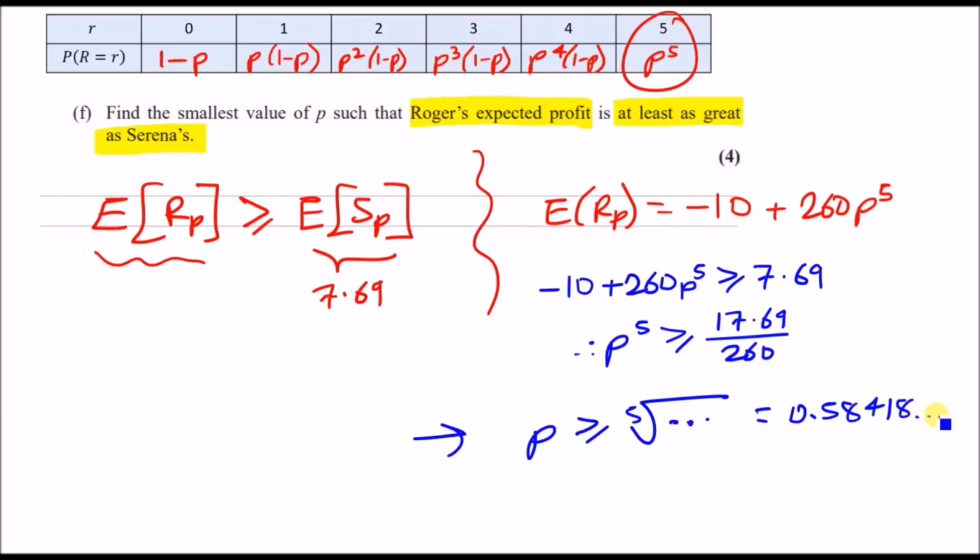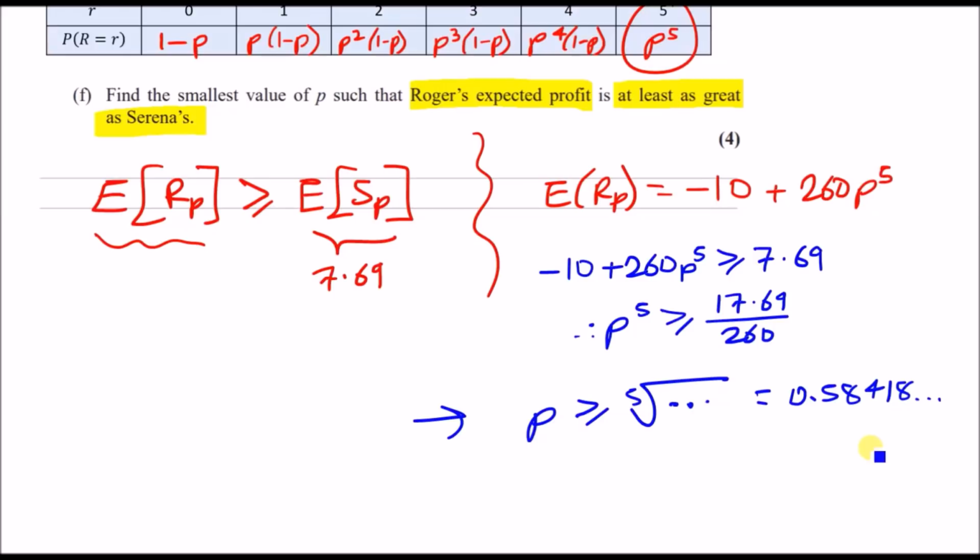So now we need to pick a certain value p. It says find the smallest value p where the profit exceeds Serena's. You can probably leave it like that, but just to be safe and to round it to 3 sig figs, I'll say then p has to be greater than or equal to 0.58.